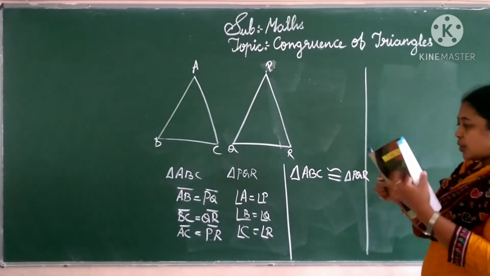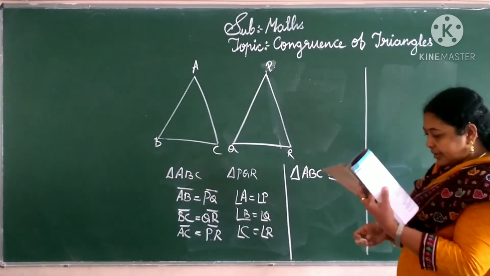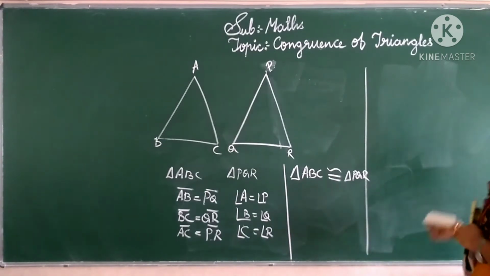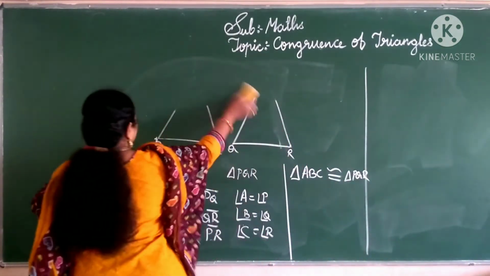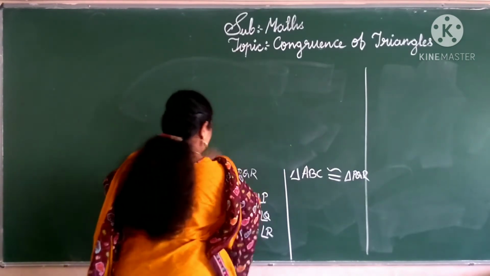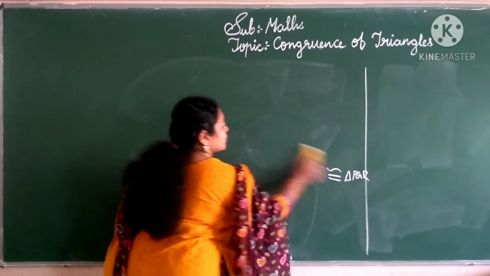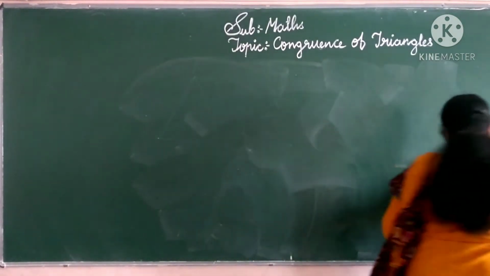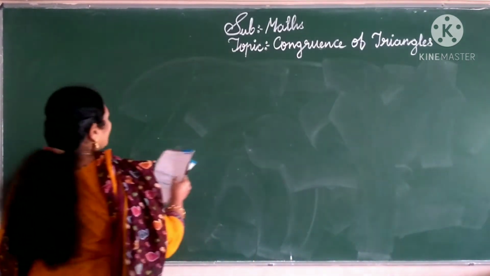Now, let us look into our exercise, that is exercise 7.1. By then, we can understand what is the congruency of the two triangles. Now, look at exercise 7.1.